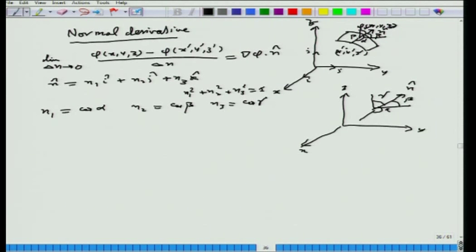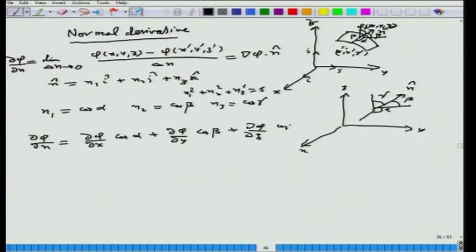So we can see that this can be calculated, and another notation for this is del phi over del n. So del phi over del n is: the gradient vector is del phi over del x, with first component n1, that is cos alpha, plus del phi over del y cos beta plus del phi over del z cos gamma.